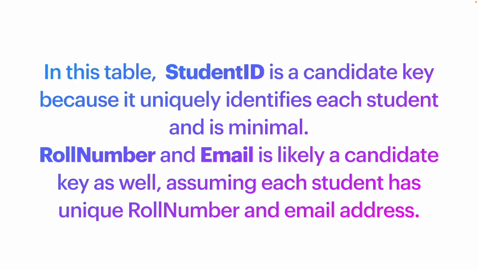Obviously an email address is unique for every individual, and that is also true for roll number. We cannot have the same roll number for more than one student, otherwise we will face a lot of difficulty. That should not be the case, and it is not possible in the real world as well.